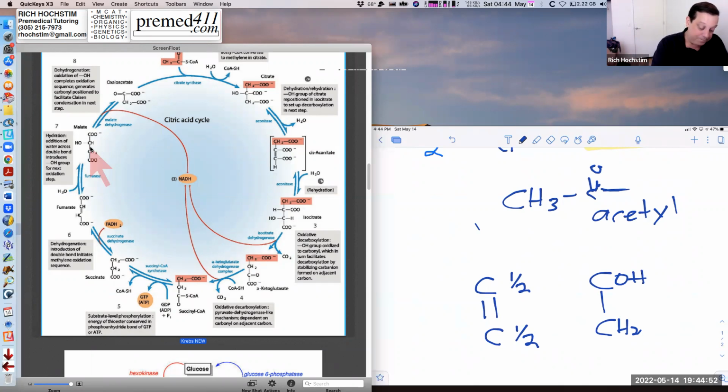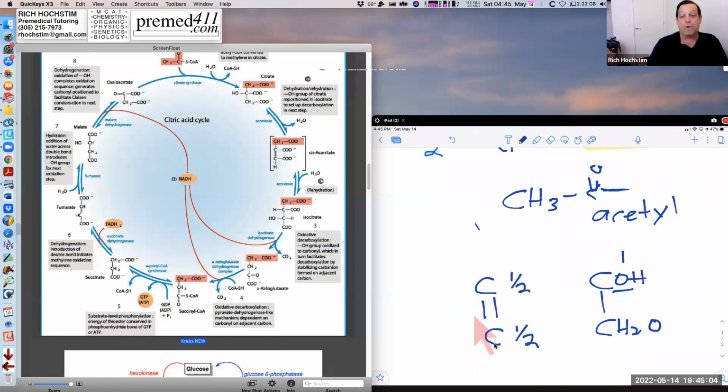When you have a single bond to an electronegative atom, that's equal to 1. And over here, this would be equal to 0. That's just a hydrogen. The total here is 1, and the total here is 1. What that means is this is not oxidation or reduction. And just to make it clear, if we had a triple bond, we would have a 1 and a 1. So it's a very simple system.